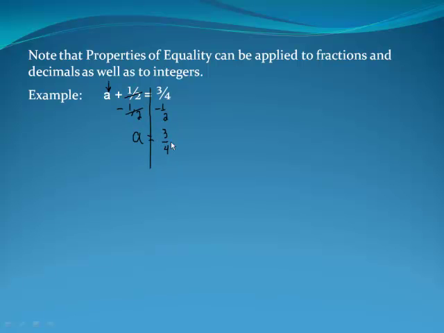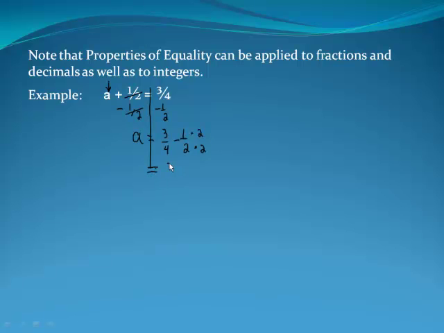My right-hand side, I now have 3/4 minus 1/2. And we know that when we subtract fractions or add fractions, we have to have a common denominator. So if I look at my denominators in this problem, the least common multiple of 4 and 2 is 4. So I'm going to have to build up my second fraction by multiplying top and bottom by 2.